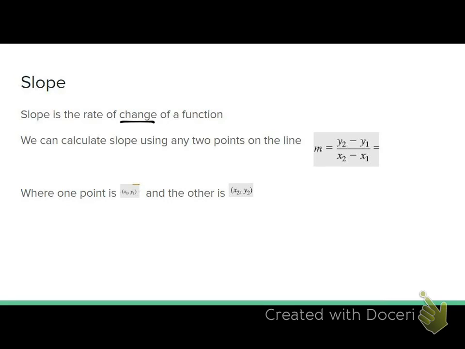Those next two are a little small to see, so I'll write them bigger. One point is x1 comma y1. The other is x2 comma y2. This is the idea we used in our warm-ups to find the slope of the line between the points.